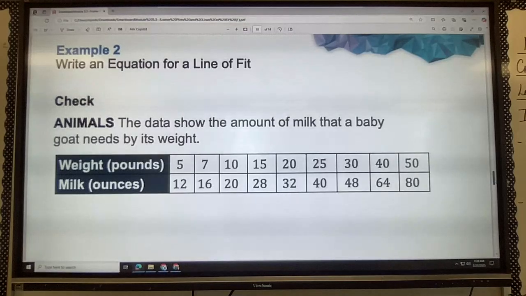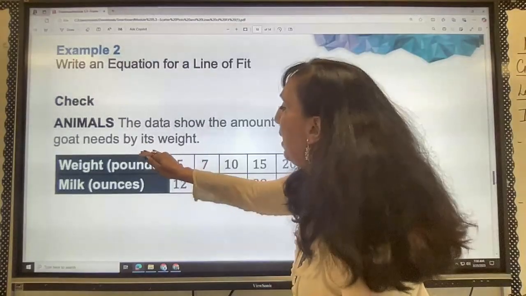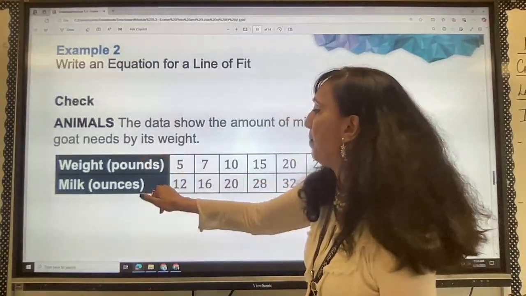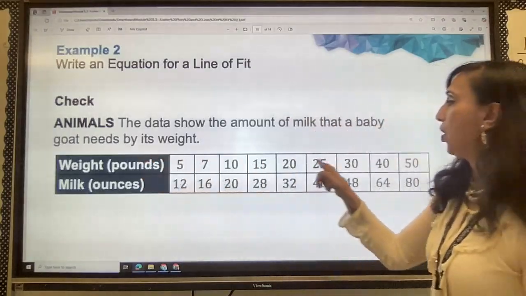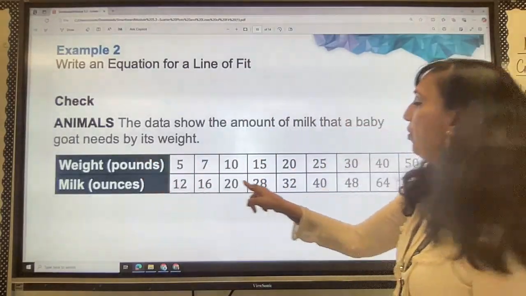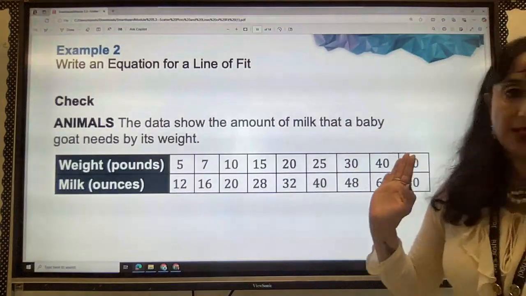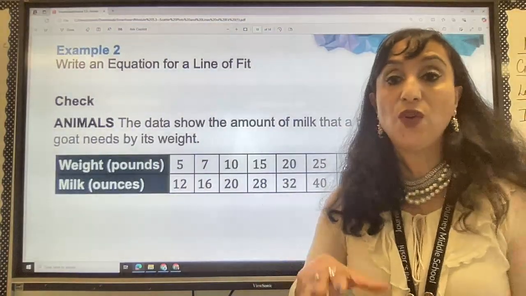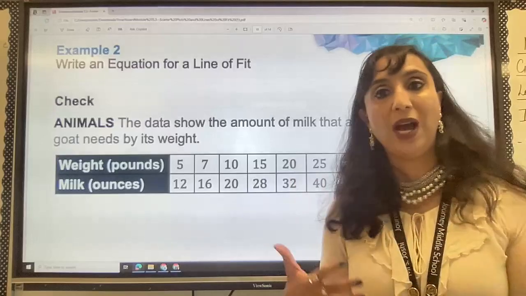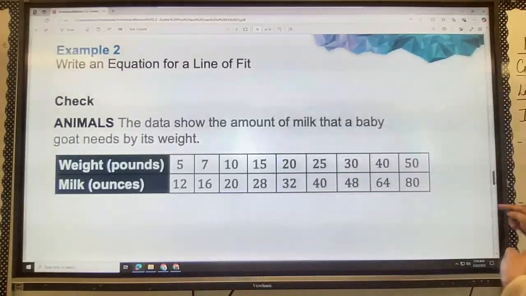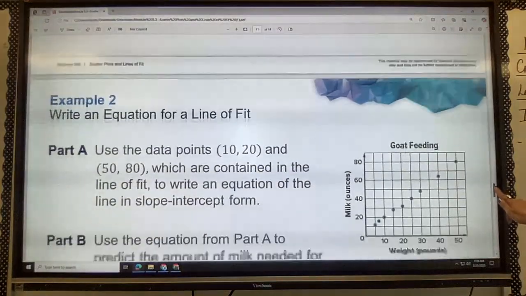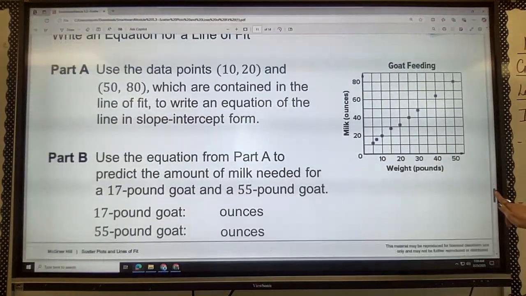So this is my independent variable and this is my dependent variable. This is going to go on the x-axis, this is going to go on the y-axis. So I'm going to go ahead and show you the graph and then I will show you how to write out an equation. Okay, so here's the graph that we have created.